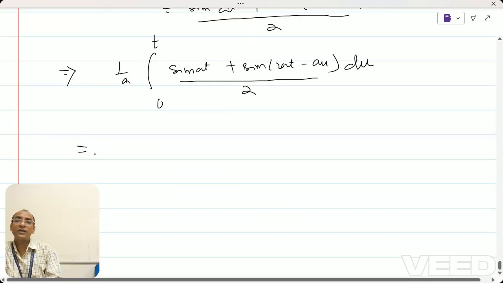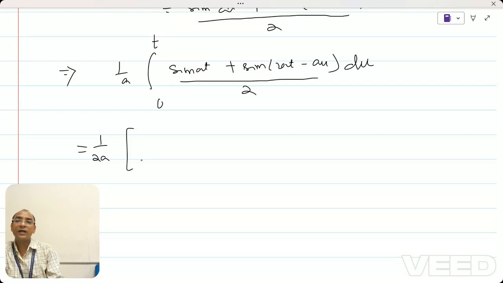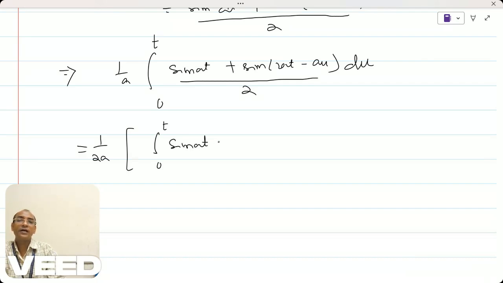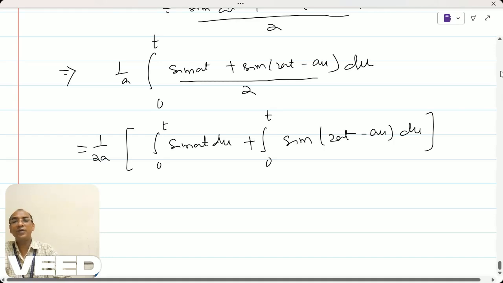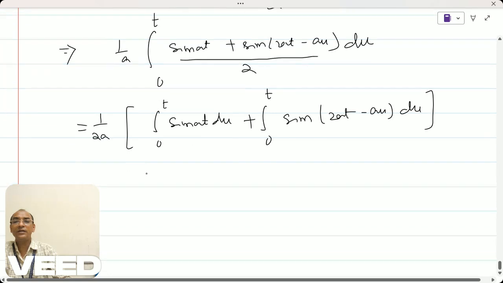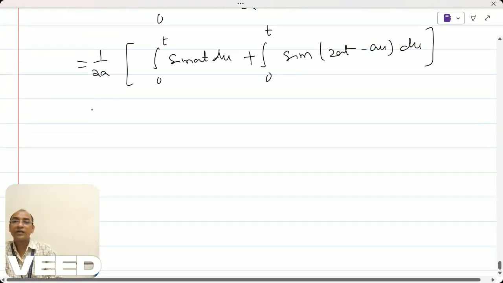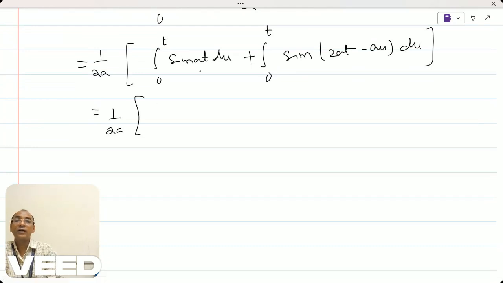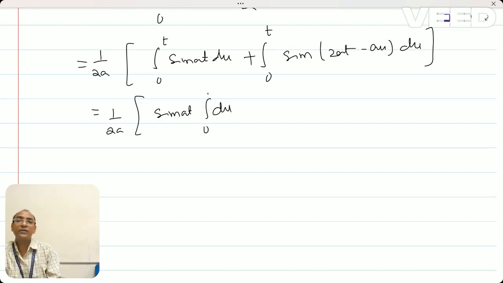You get 1 by 2a, first integration 0 to t sin at du, and second plus integration 0 to t sin(2at minus au) du. Your sin at is independent of u, so this is equal to 1 by 2a sin at integration du from 0 to t, and this one will be as it is.